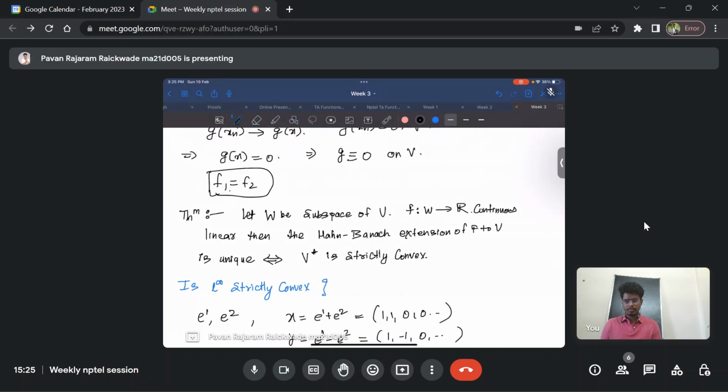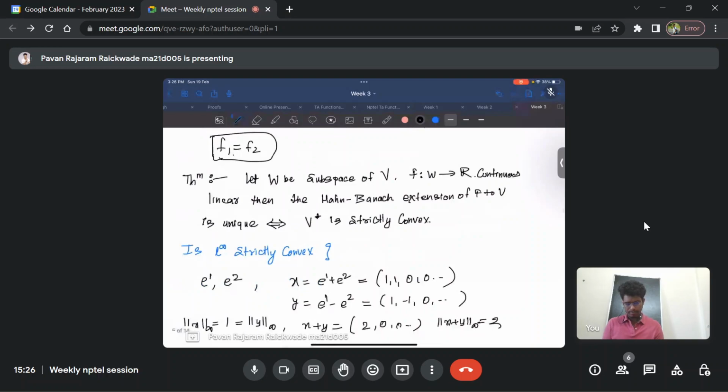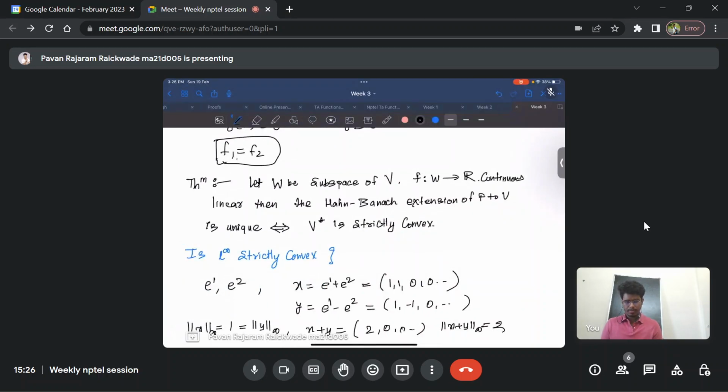Let W be a subspace of V, and F from W to R a functional. The Hahn-Banach extension is unique if and only if the dual of the space is strictly convex. Thank you, sir.